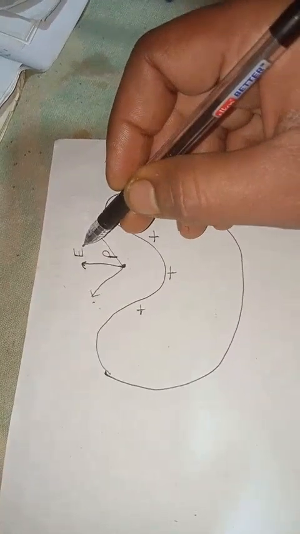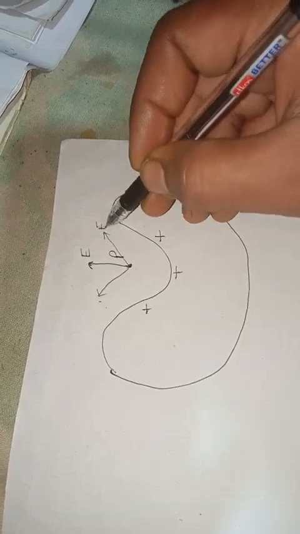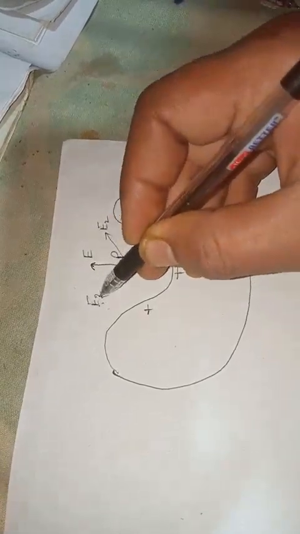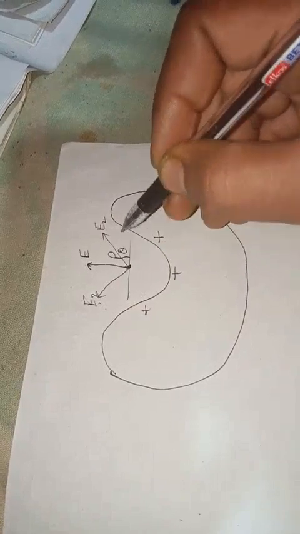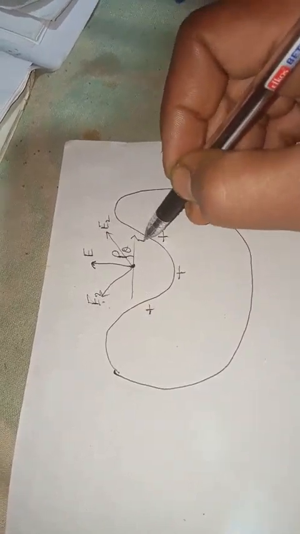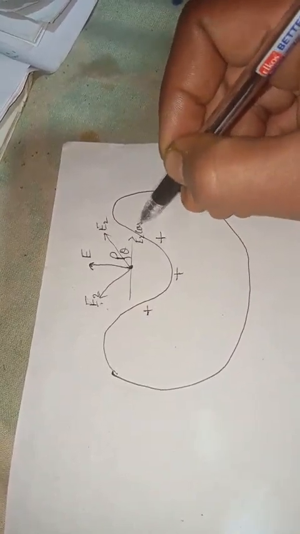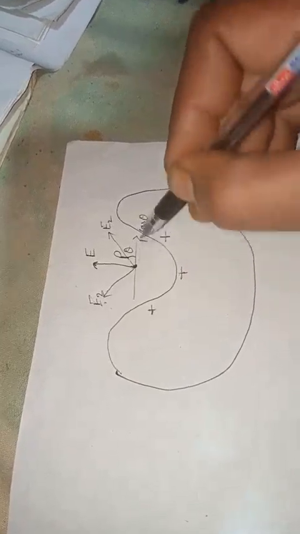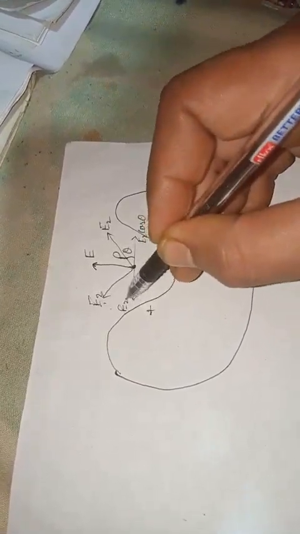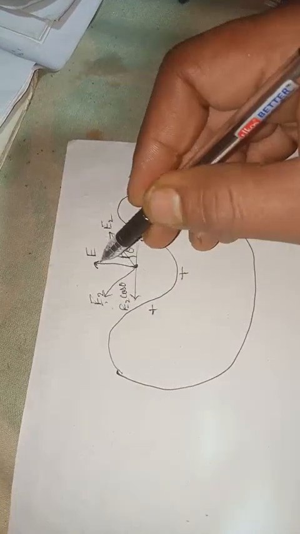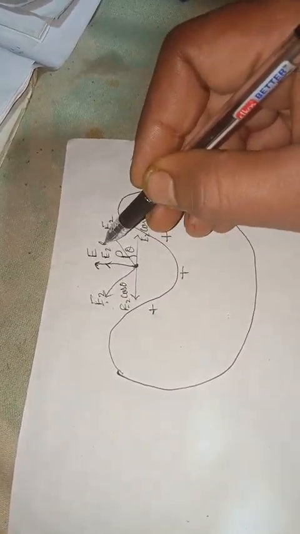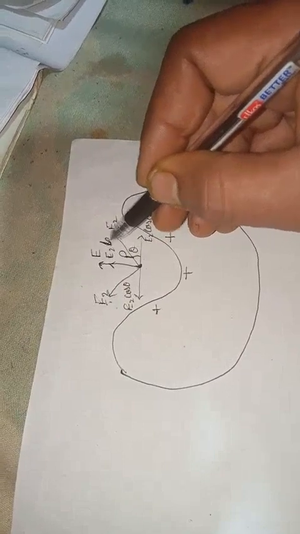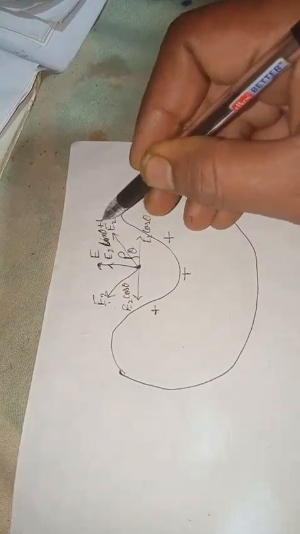So if the electric field is this E, and this will be E2 and this will be E2, the components of electric field will be this theta, this E2 cos theta. So we can see here that E2 cos theta will cancel out each other, and the net electric field will be in this direction, E plus E2 sin theta plus E2 sin theta.